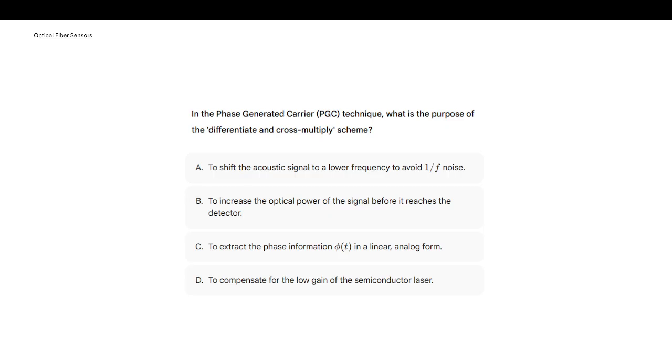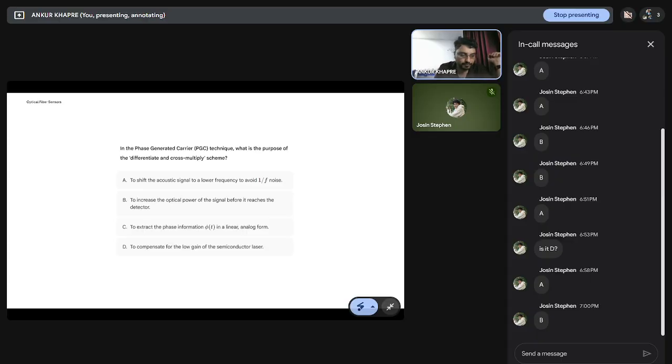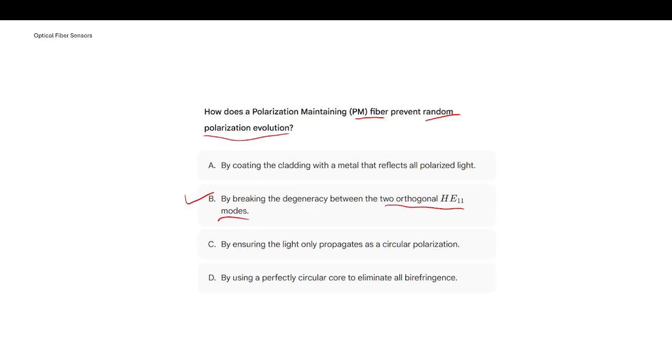C, to extract the phase information phi(t) in a linear analog form. And option D, to compensate for the low gain of the semiconductor laser. Please let me know your answer. These are not correct.